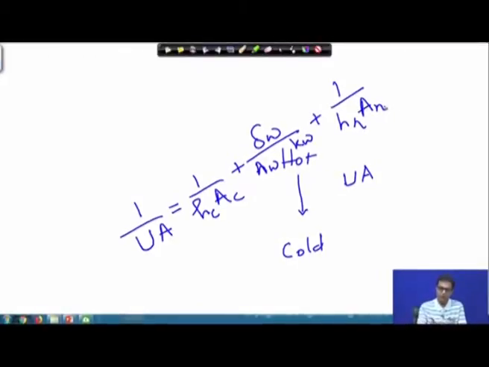This is the overall heat transfer resistance, or the conductance UA.